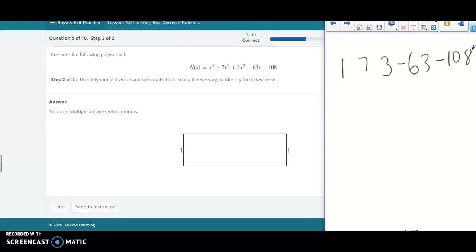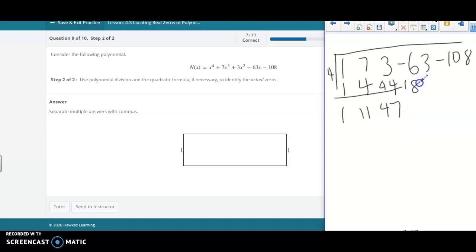This way you make educated guesses. So we're going to try 4. So bring down the 1, and you get 4, 11, 44, 47. It's 160, 188. Combine that, it's going to be 125.